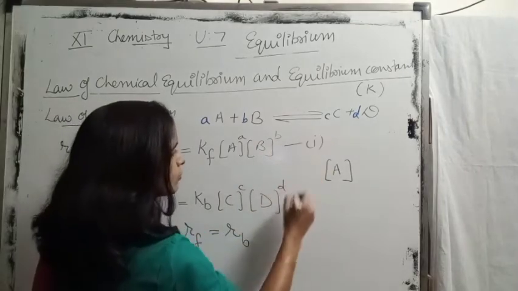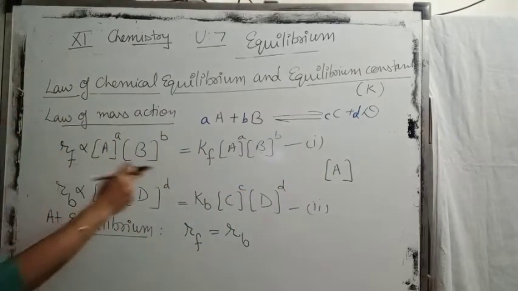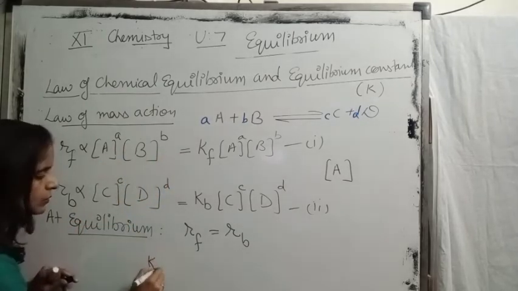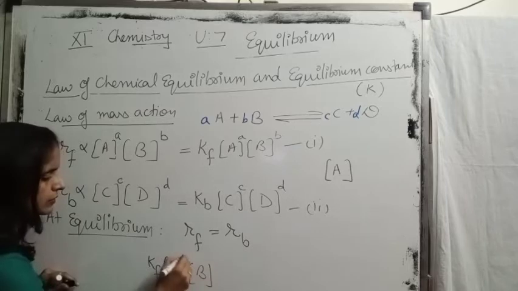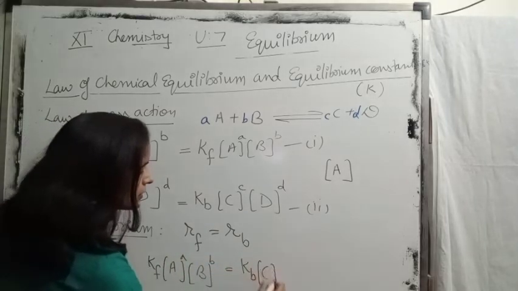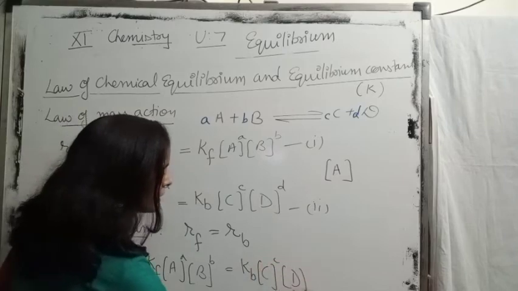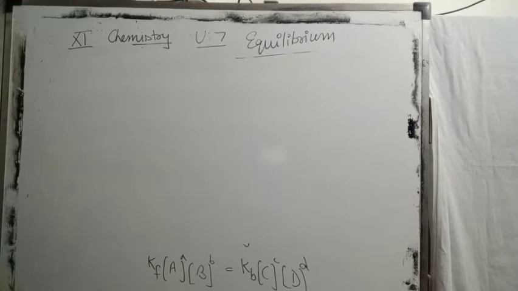This is the first equation, this is the second equation. So it is equal to Kf A into B equals Kb C into D, right?